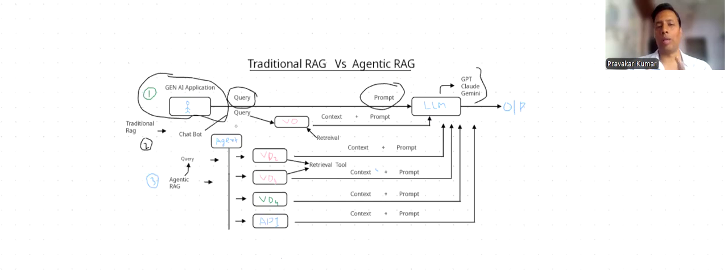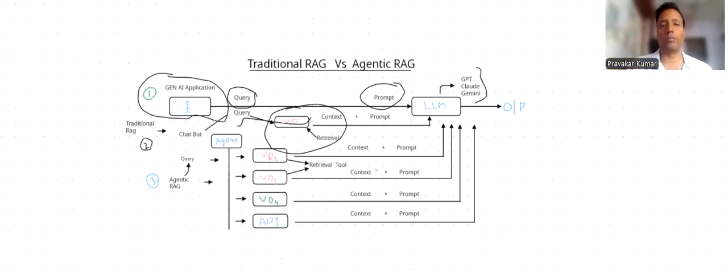So what happens is we will implement a vector database. In the vector database, all the related company policy documents will be stored as chunks in an embedded format, in numeric format, so that they can be retrieved in a semantic way.